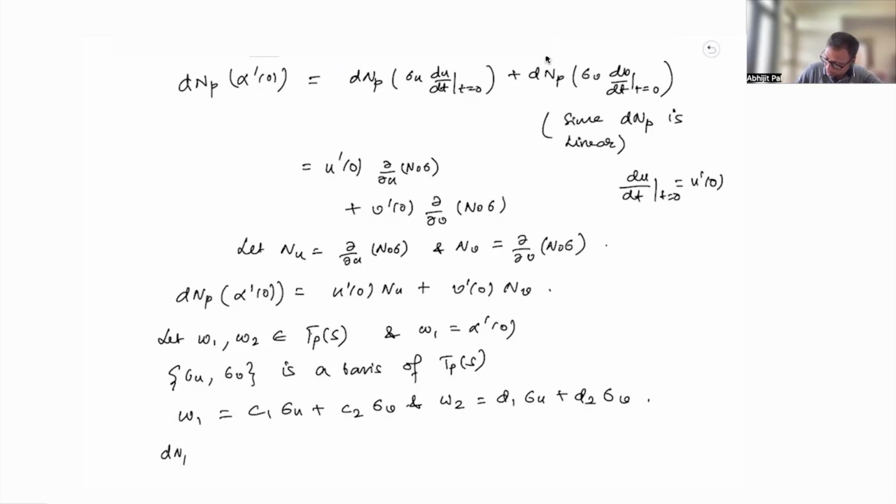So DNP of W1, you apply linearity, so it is equal to C1 DNP sigma U plus C2 DNP sigma B, which is equal to C1 NU plus C2 NB.